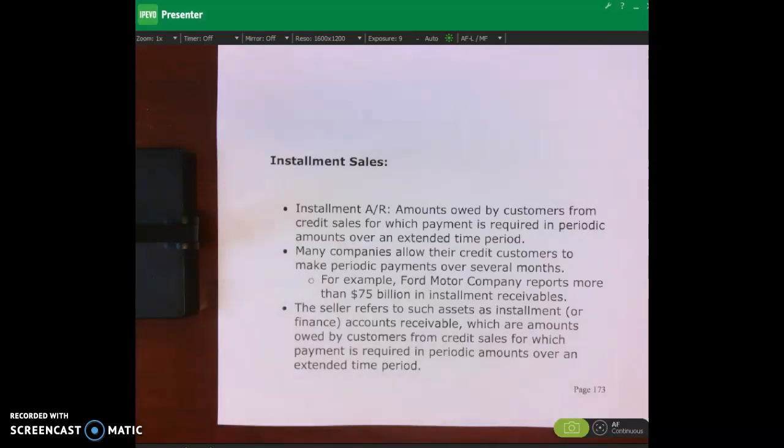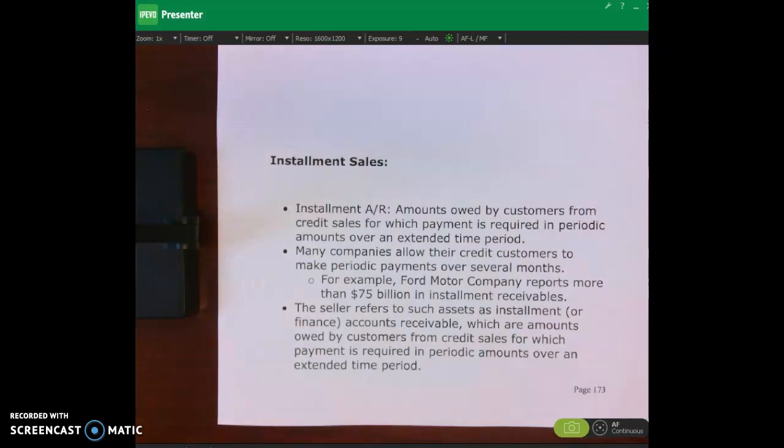But for now, what I want you to know is that installment sales, even though they can be over multiple years, right? A lot of car companies now are extending car payments over 6 years. This is a very long time. Even though those installment sales occur over multiple years, which means they cross over the operating cycle, the one-year accounting period, we can still classify them as current assets as long as customers are making those regular payments, which is what we'd assume, because those are the credit terms.